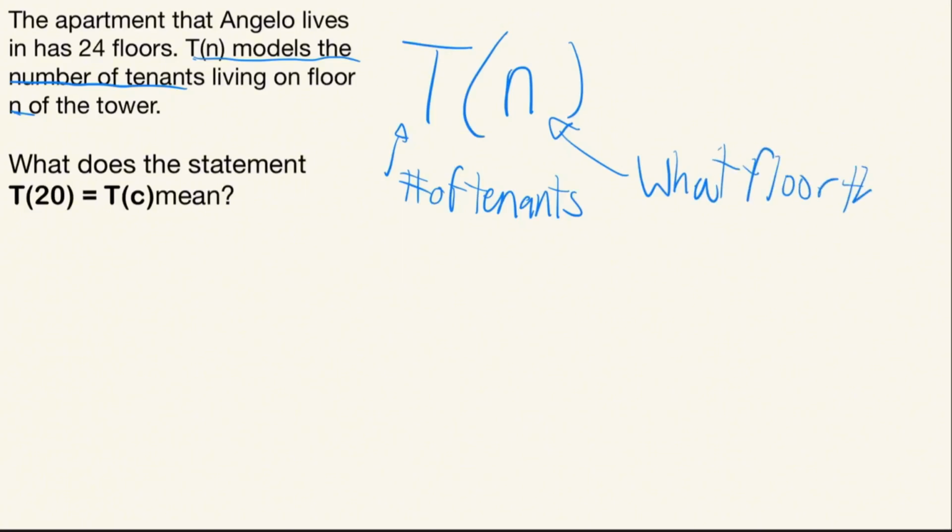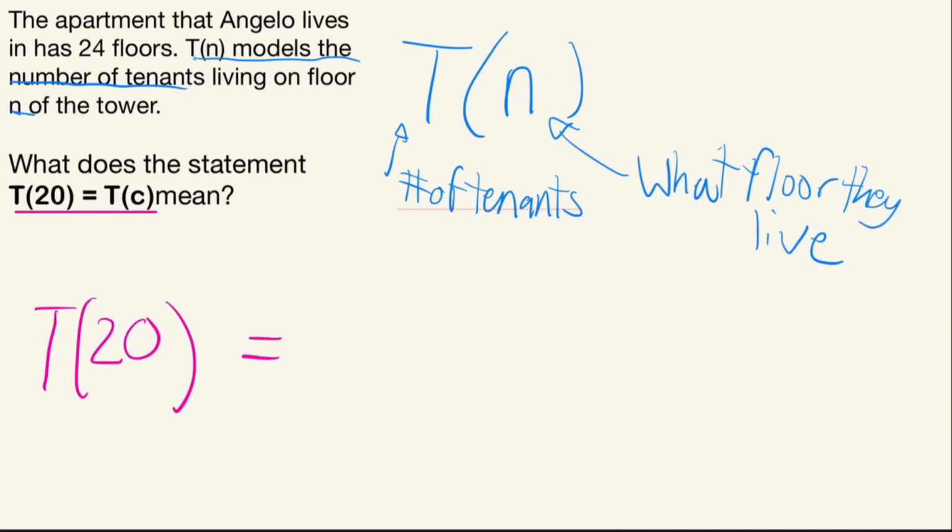Okay, now that we know that, what does this statement mean? So let's look at the statement. Okay, this tells us that the number of tenants on floor 20 is equal to the number of tenants on floor c.